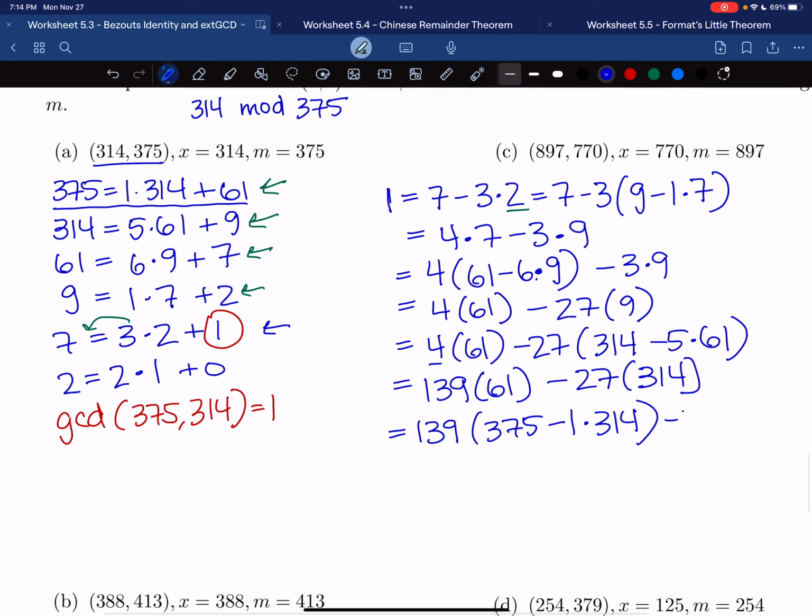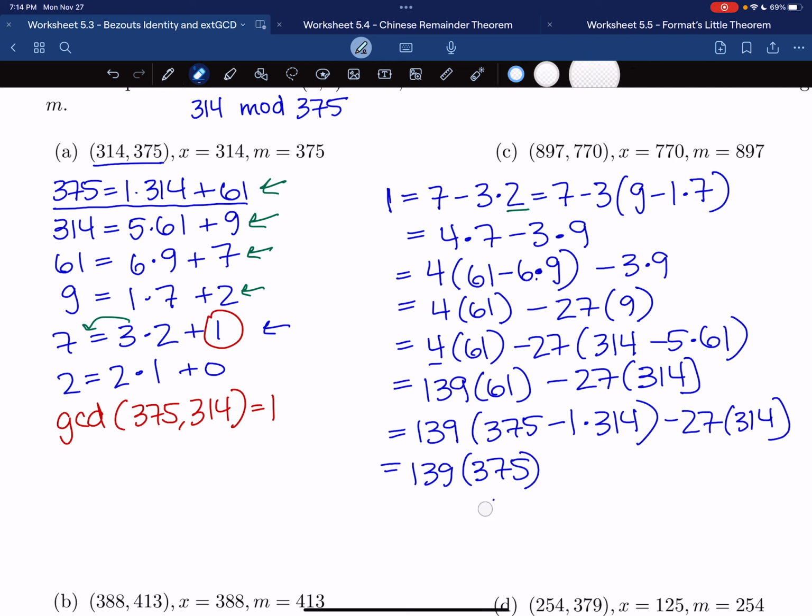And I got to keep that minus 27 times 314 kicking about, and then I can spread it out a bit. 139 times 375, and then here I have minus 1 times 139. So I have minus 139 and minus 27.